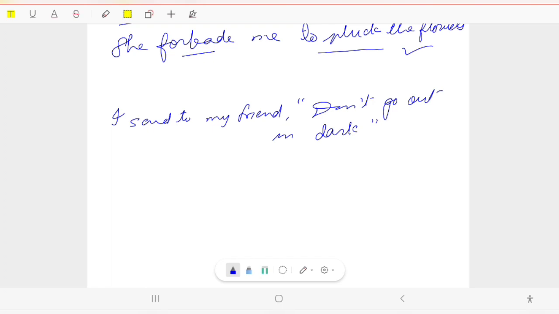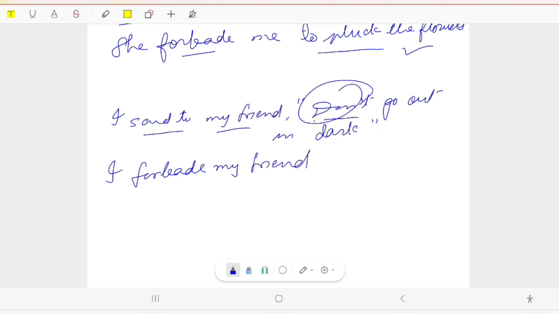Have a look at this example now. I said to my friend, "Don't go out in dark." The "don't" word is there. So we can write "said to" as "I forbade." Or you can write "asked" also, but first of all see it like this: I forbade my friend.